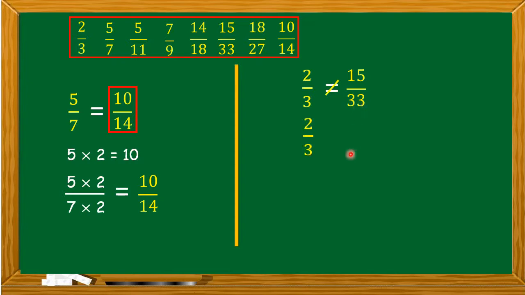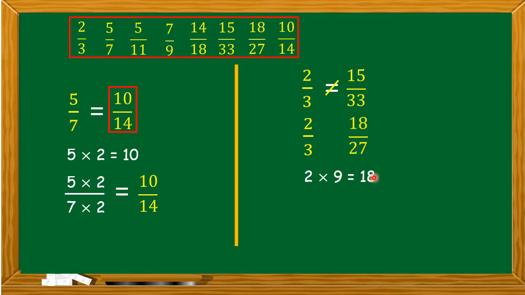Next is 2 upon 3 and 18 upon 27. Here 18 is the multiple of 2. Therefore, we know that 2 into 9 is equal to 18.